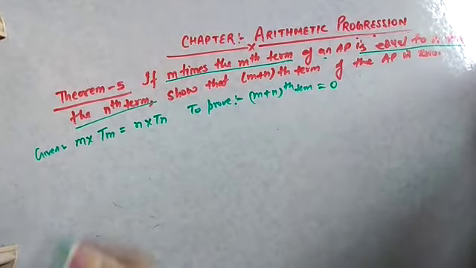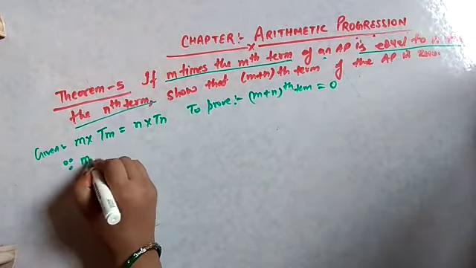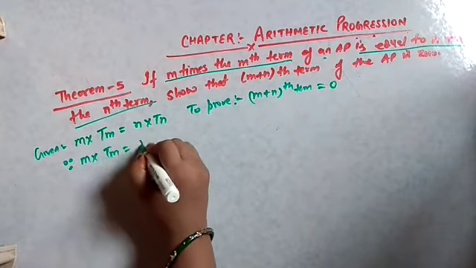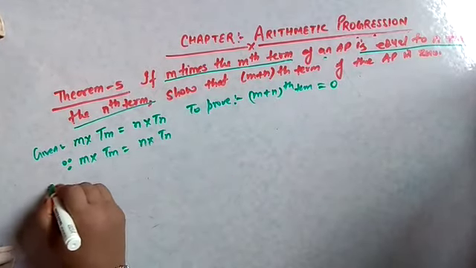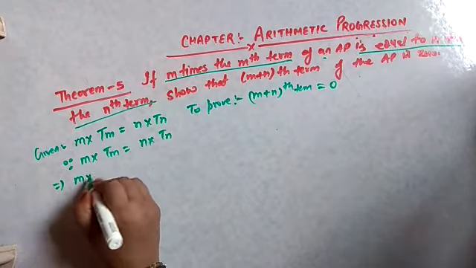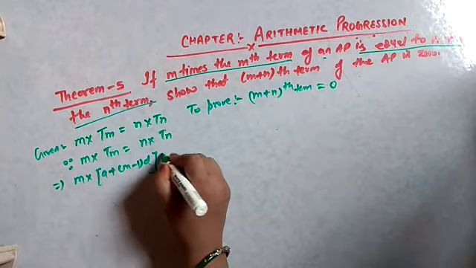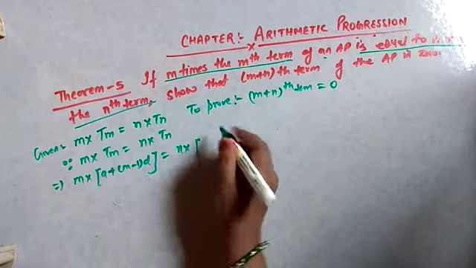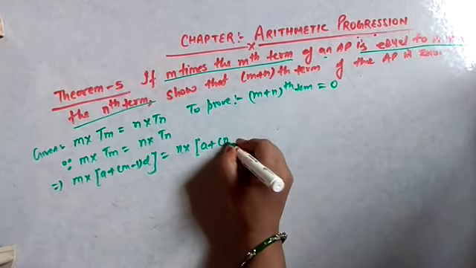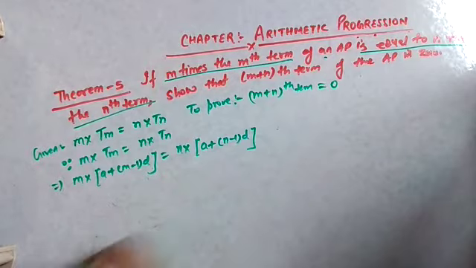Okay, so see here, since m into the mth term equals n into the nth term, we can write m into (a plus (m minus 1) d) equals n into (a plus (n minus 1) d).